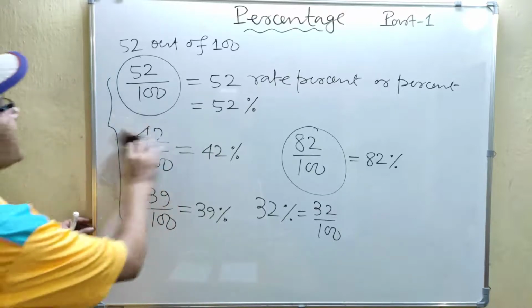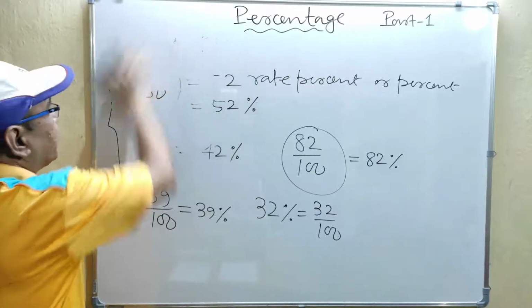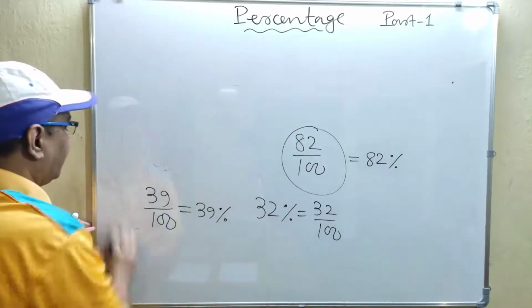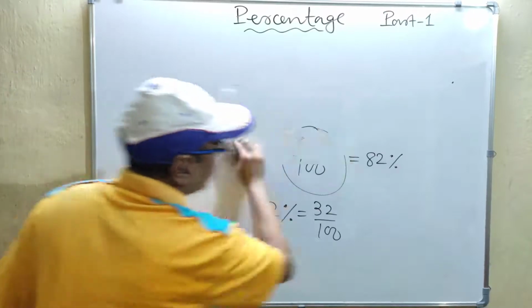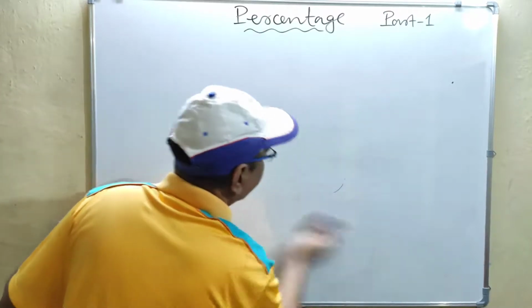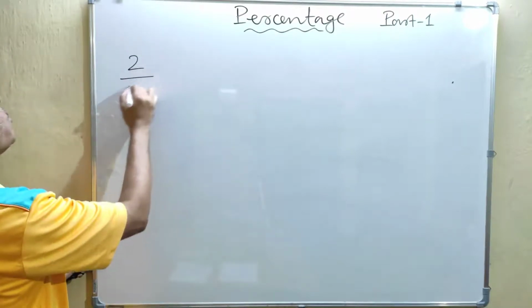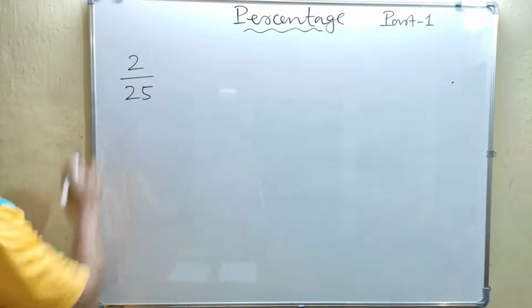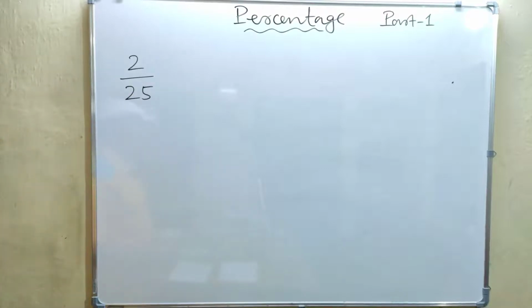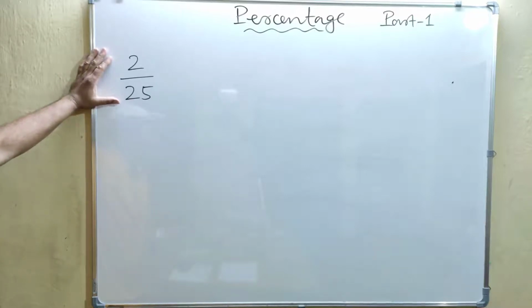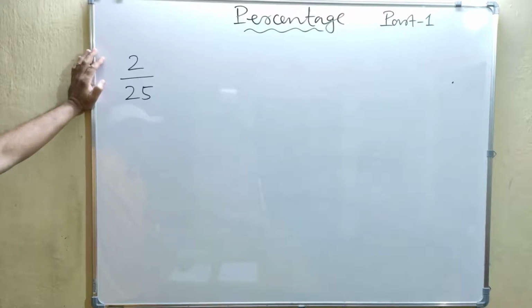Now the thing is that, let me rough. There is a fraction, let us take 2 by 25, convert it into percent. इसको परसेंट में लिखना है, रेट परसेंट में, 2 by 25. So we know if in a fraction denominator is 100, then its numerator is called percent.